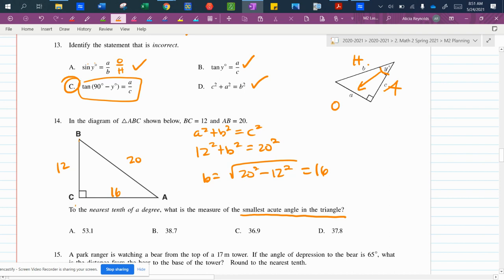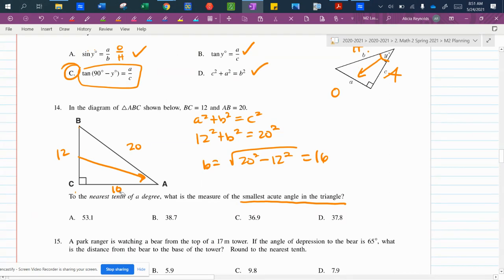Opposite the smallest side. What's the smallest side? What's opposite that? A. I drew an arrow. And this is a 6, not a 10. So I'm trying to find the measure of angle A.